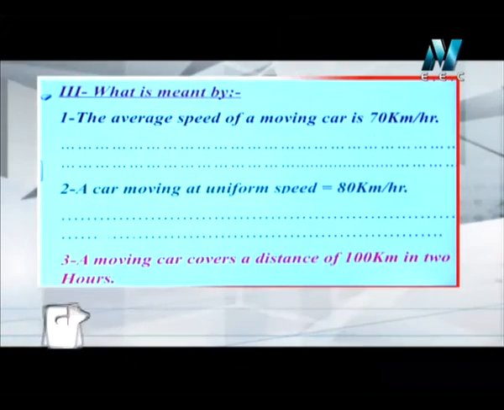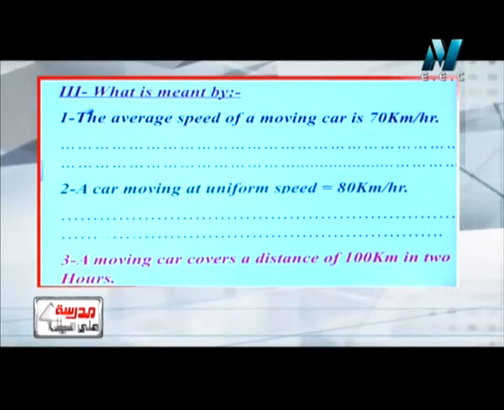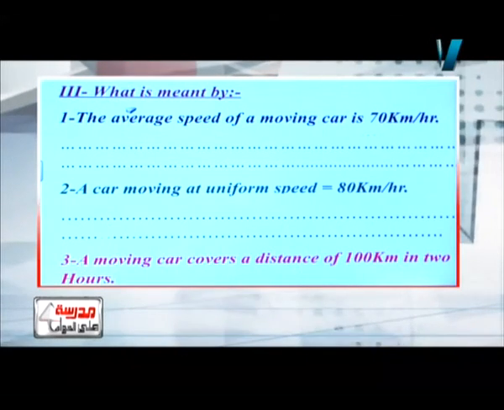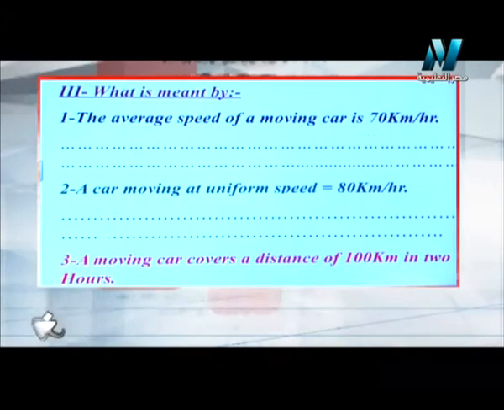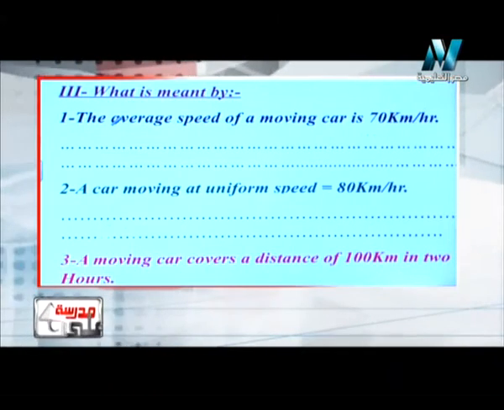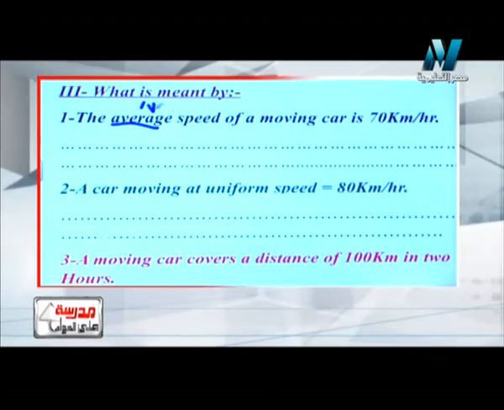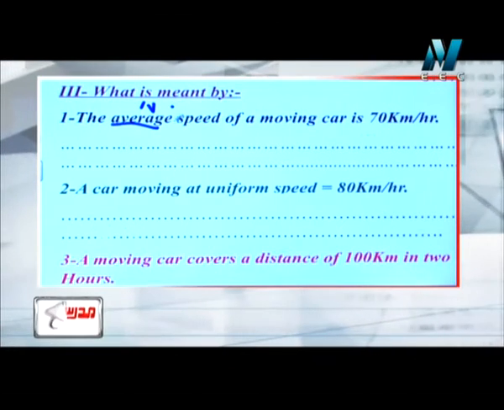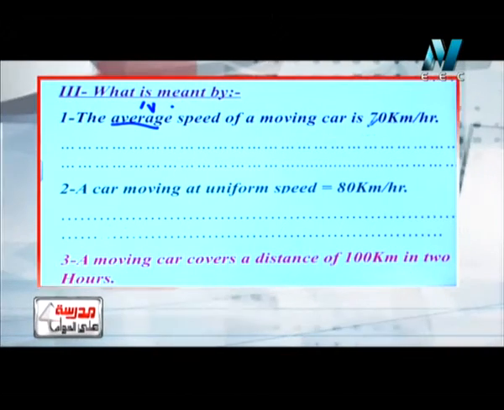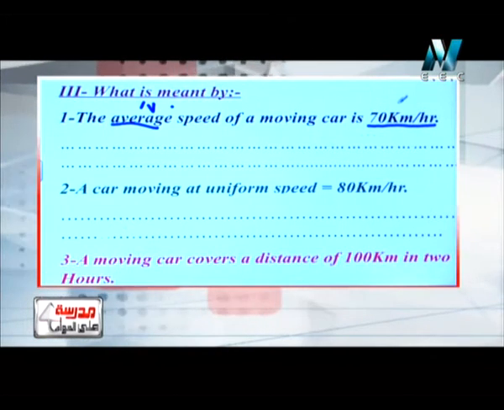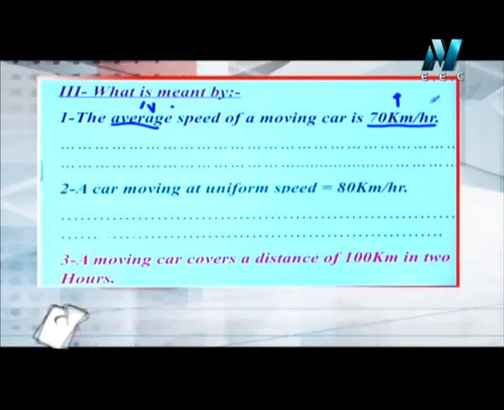Next question, what is meant by the average speed of a moving car is 70 km per hour. So we talk about average speed. We know average speed is total distance covered over total time taken. So we should separate this value, because here we have distance and here we have time.